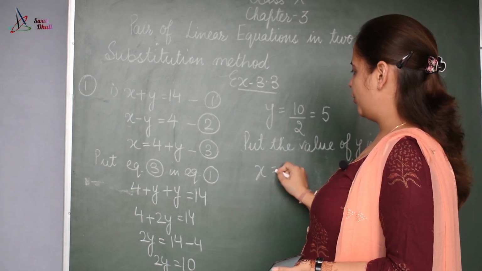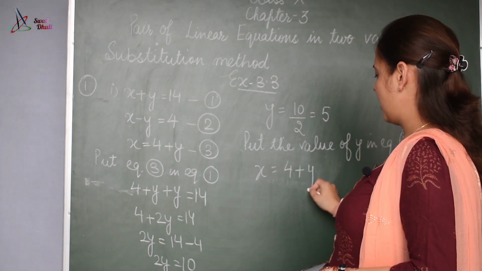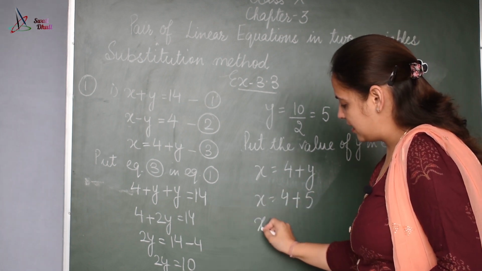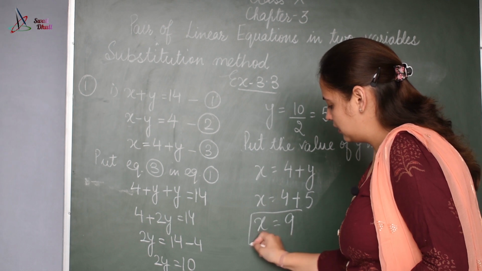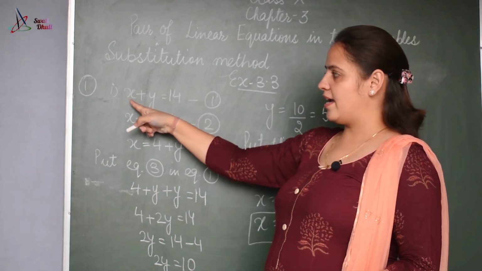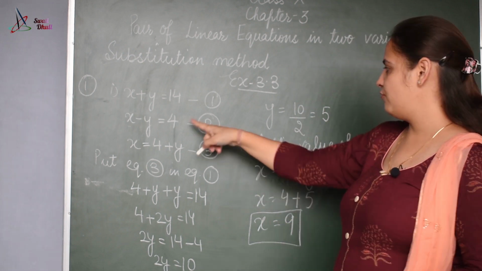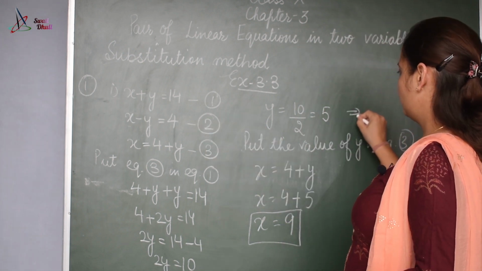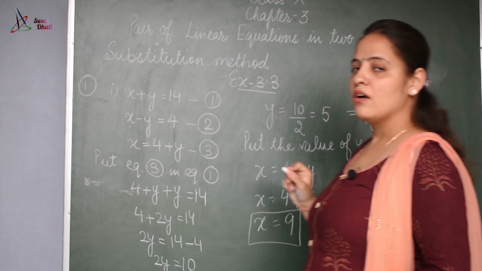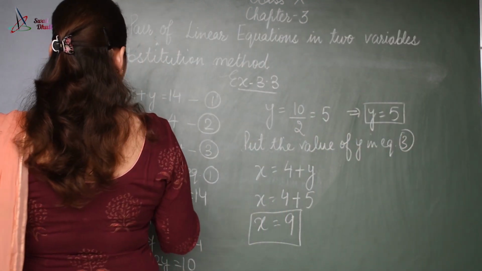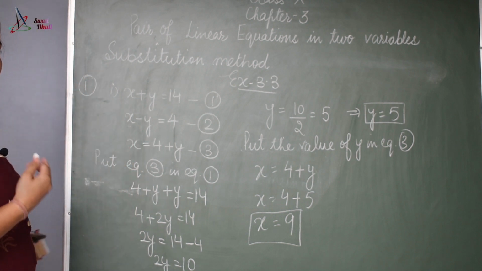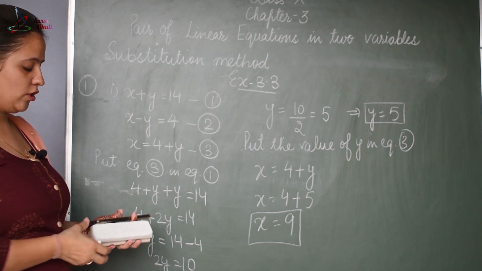So x is equal to 4 plus y, that means x is equal to 4 plus 5, that means x is equal to 9. So here we have solved for x and y. X is equal to 9 and y is equal to 5. This is how we can find out the value of one variable from either of these two equations and then substitute in the other equation.